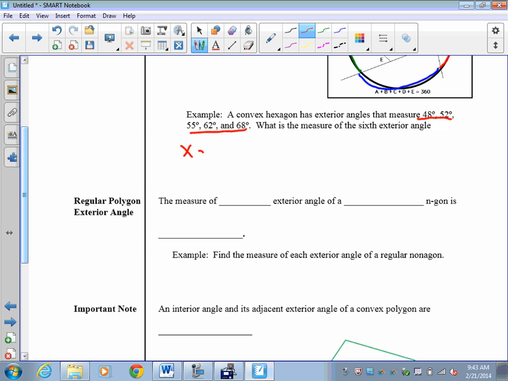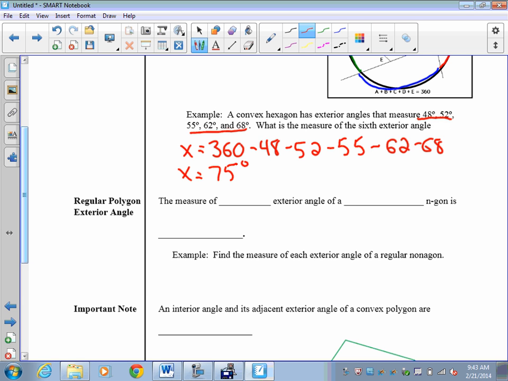So x is going to be equal to 360 minus 48 minus 52 minus 55 minus 62 minus 68. You can use your calculator, and you'll see that that should be 75 degrees. That would be the measure of the sixth exterior angle.